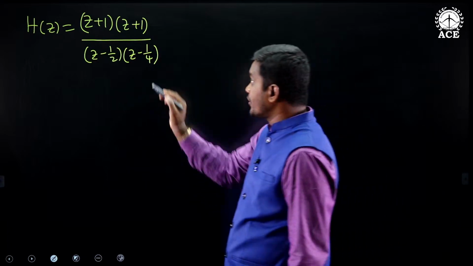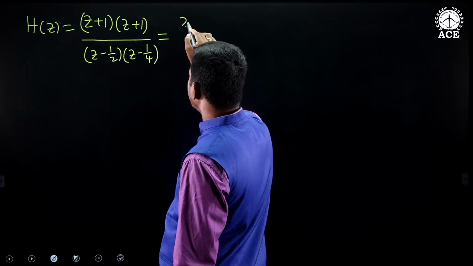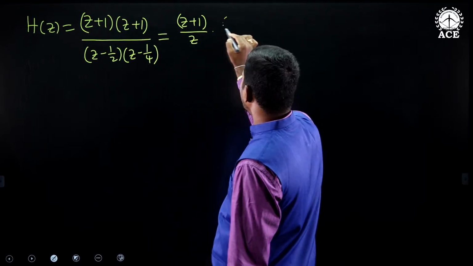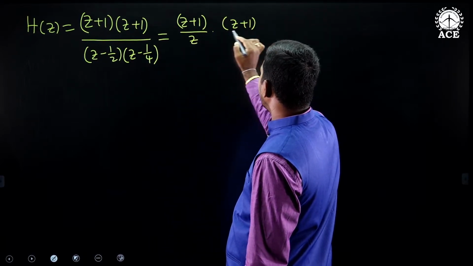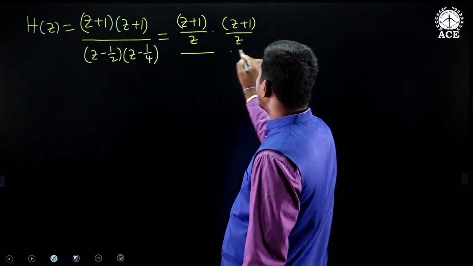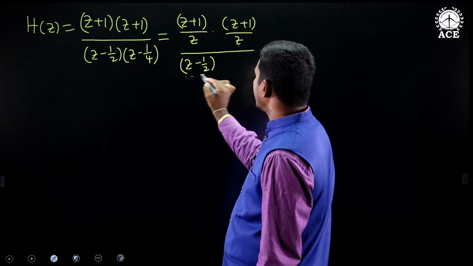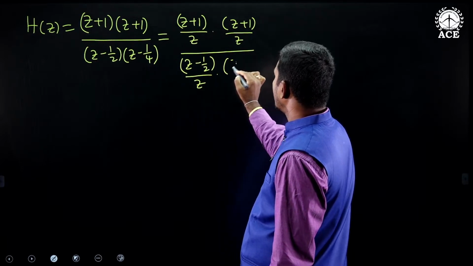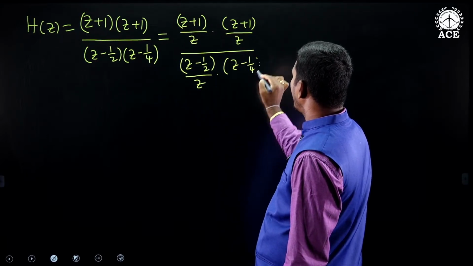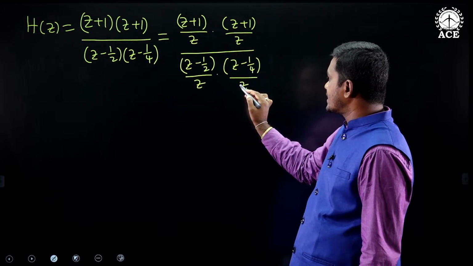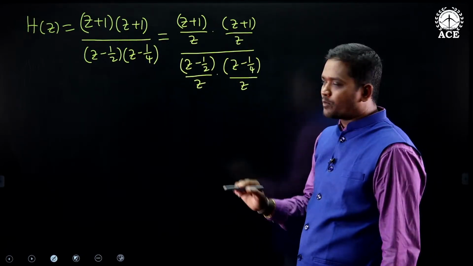After that, you need to convert into z inverse form, meaning z plus 1 divided by z into z plus 1 divided by z, whole divided by z minus 1 by 2 divided by z into z minus 1 by 4 divided by z. No effect, because z into z, z square, z square cancel, no problem.